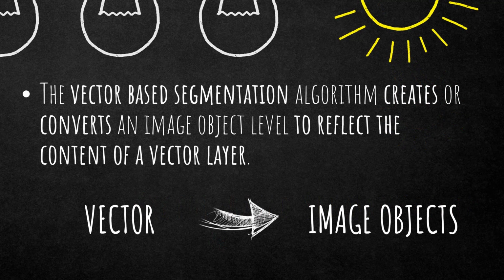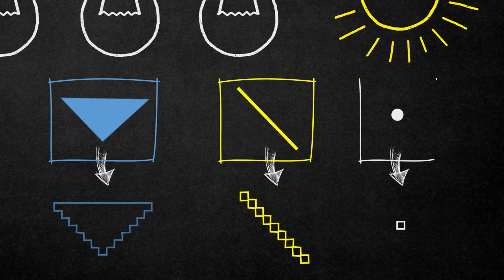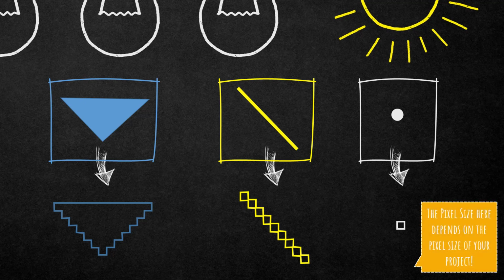In principle, the vector-based segmentation algorithm creates or converts an image object level to reflect the content of a vector layer. So it simply takes your vector layer that you've loaded into eCognition and converts it to image objects. As you probably all know, you can load polygons, lines, and also point vector layers into eCognition and use them for your analysis.